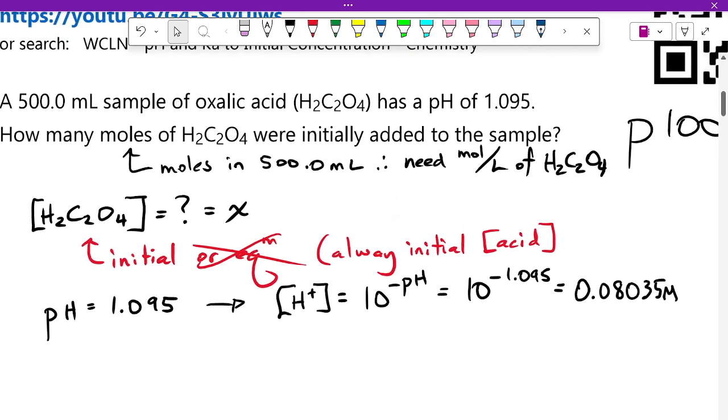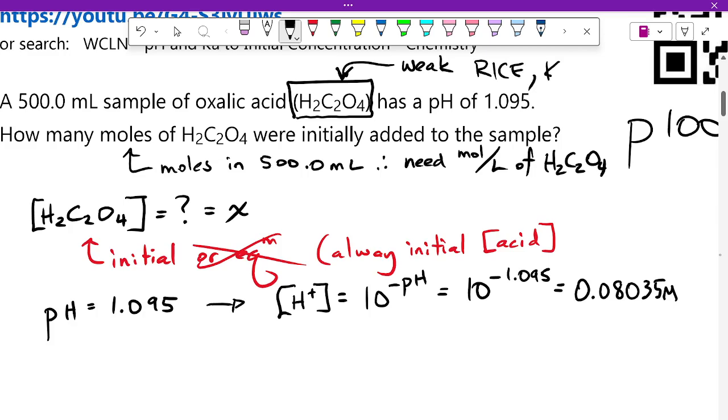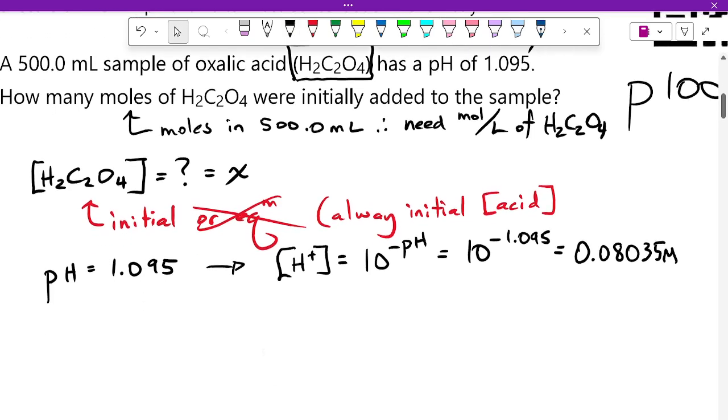H2C2O4, what type of acid is this? Strong or weak? Weak. So what tools do we need to use? RICE and Ka. So now that we have our hydrogen ion concentration, and we know that X is our acid concentration, let's start with our RICE table.